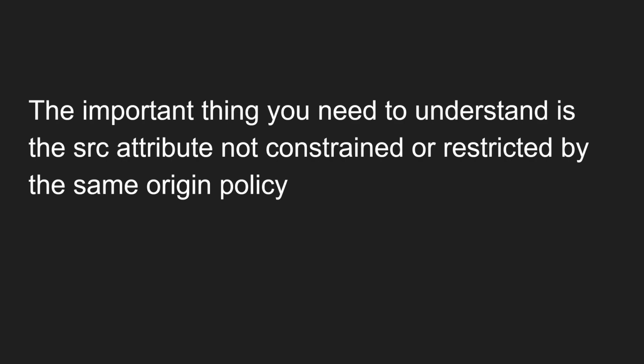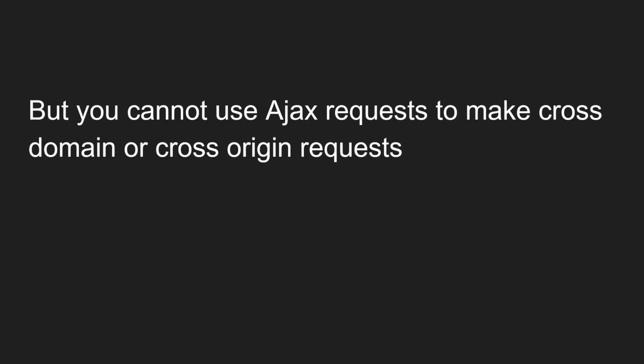Why? Because the user is explicitly mentioning that they are okay with this; the user is trusting those things. So the same origin policy will not restrict the URLs used in the src attribute and also the href attribute, which you use for linking CSS files. This is one of the important things you need to understand.